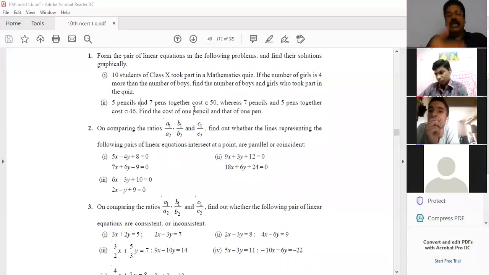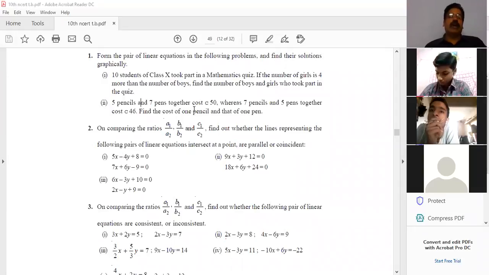Tomorrow I can share the screen and you can verify, but you have to do it today. Today's homework is the first problem and second problem, both parts. Do it in the graph book only, and write the steps also.